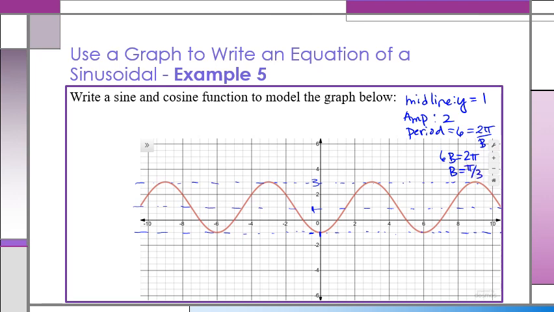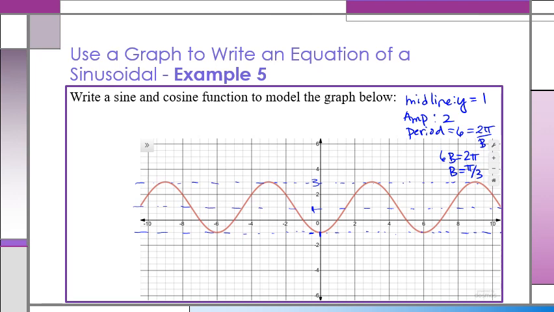All right, so do we want to start with sine or cosine? It doesn't really matter which one we start with. To me, this looks like a pretty nice cosine function. We're used to cosine functions at 0 being at their highest value. This one's at its lowest value.